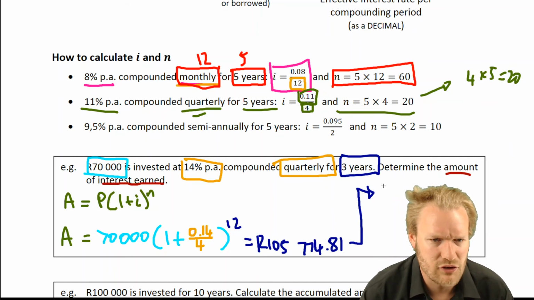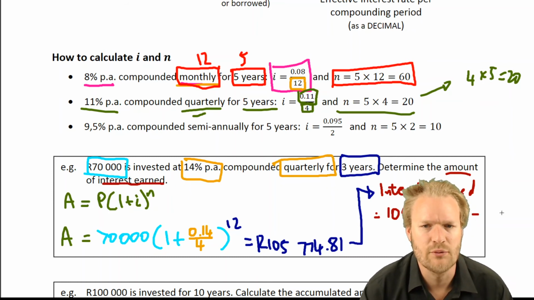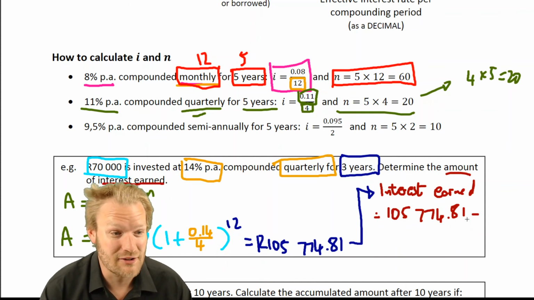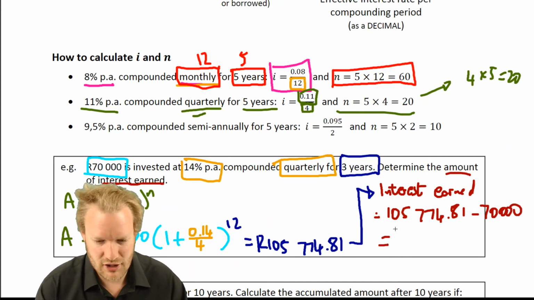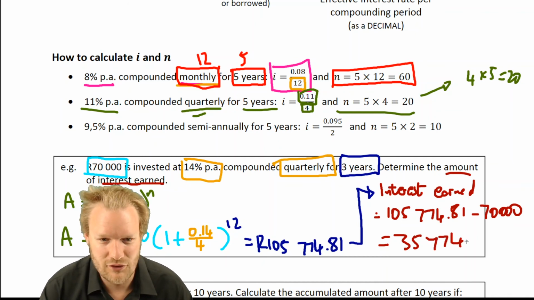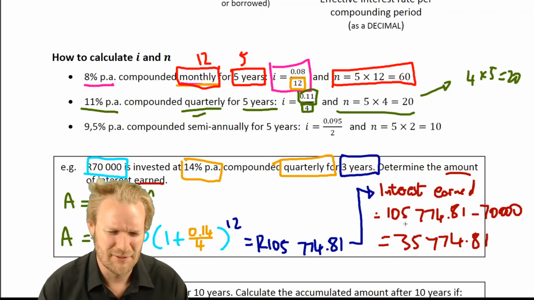So in this case, our interest earned is the 105,774.81, and we're subtracting the original amount, 70,000. Into our calculator it goes, and we get 35,774.81. Okay, so there we go.